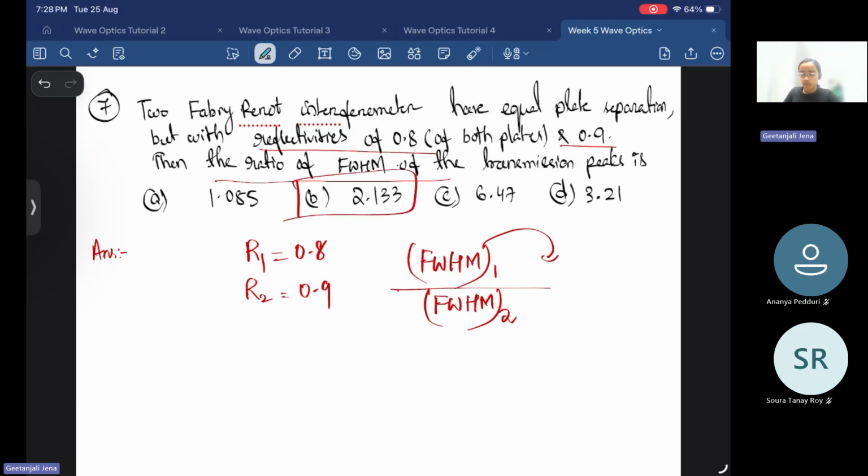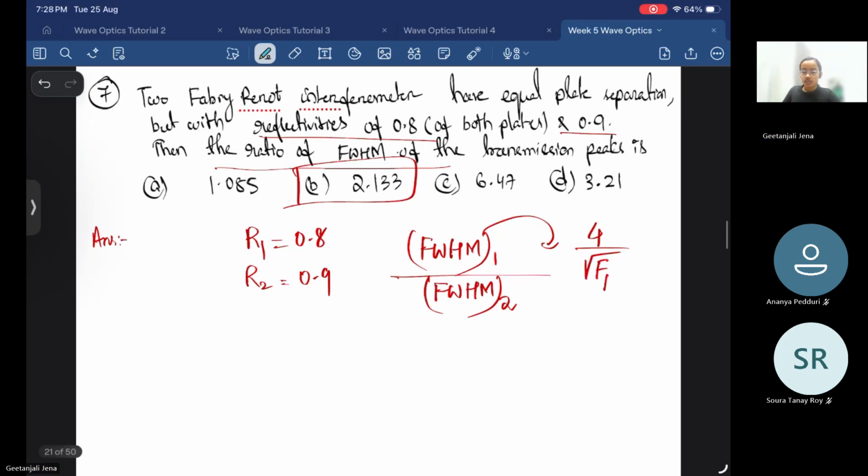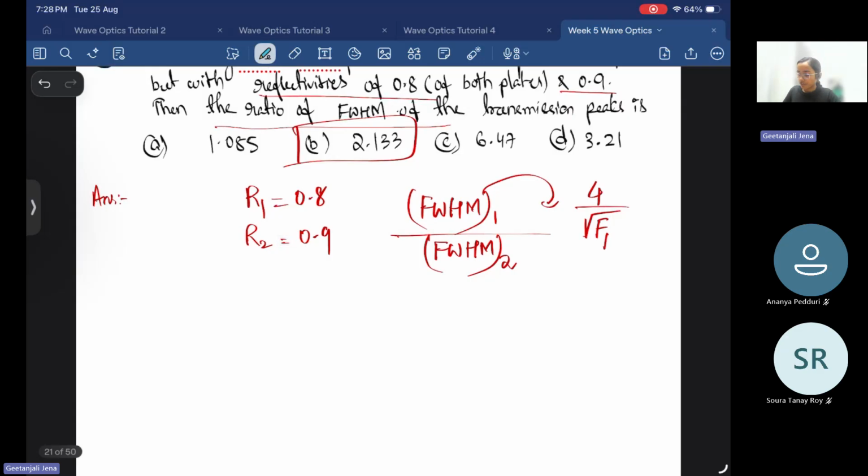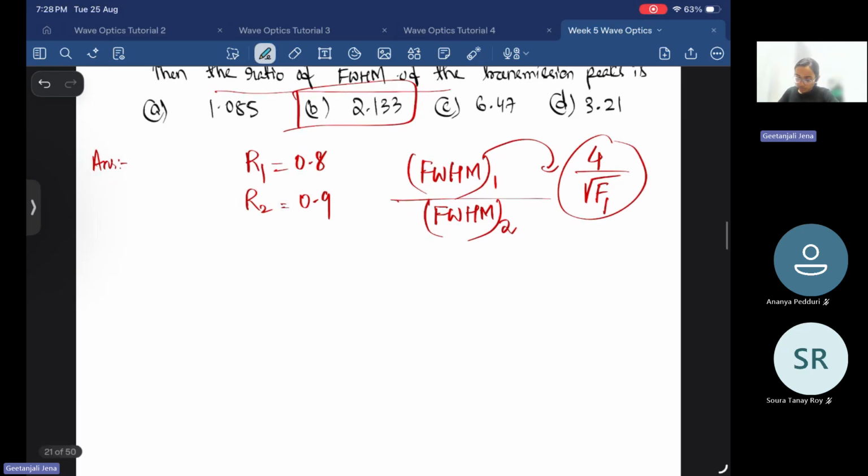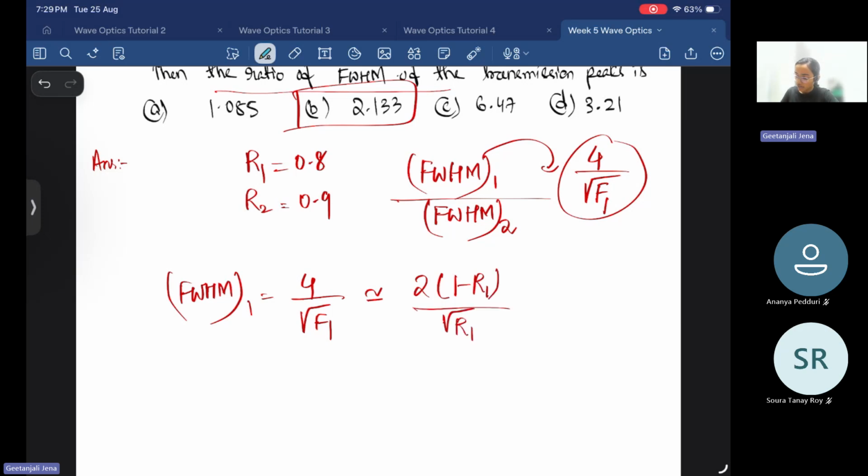So full width at half maxima is given by 4 by root F. This is the approximate value if you have a high value of F. So we can use it for our calculation. If you calculate for the first one, it would be 2(1 minus R1) over square root of R1. R1 is 0.8, and if you put in the 0.8 value, you will get around 0.45.